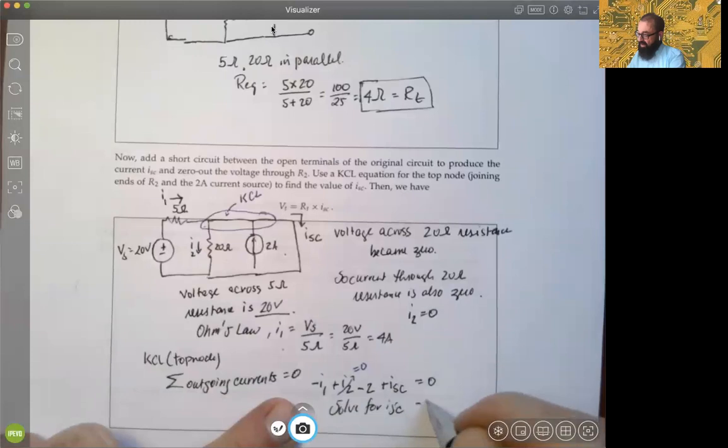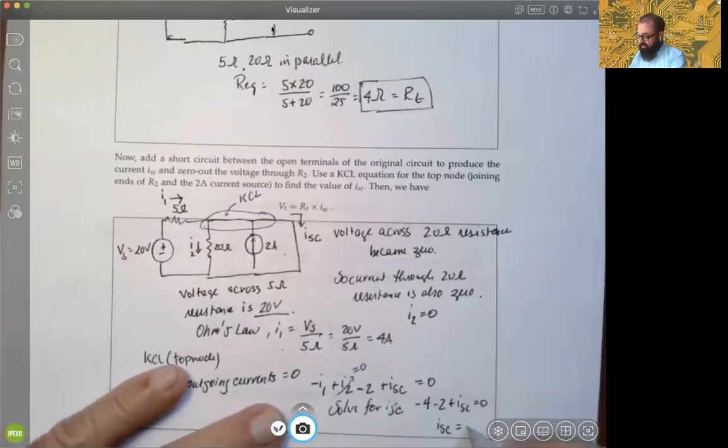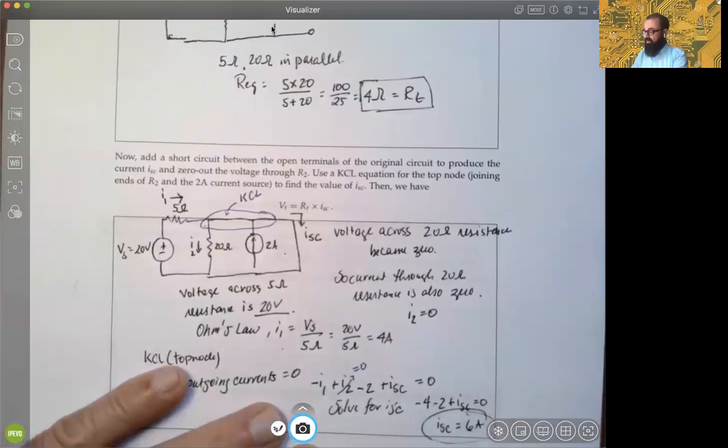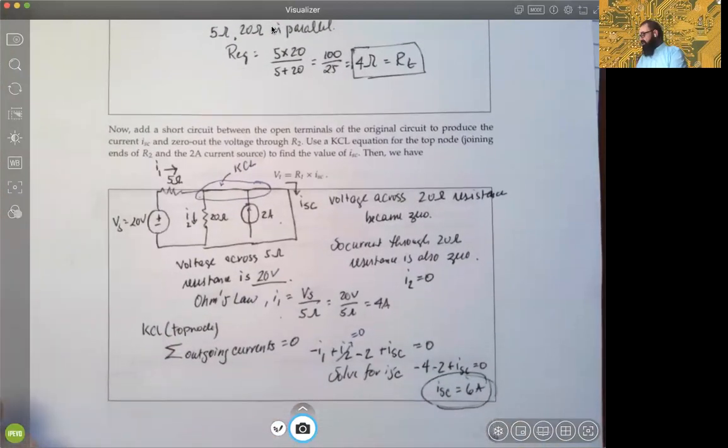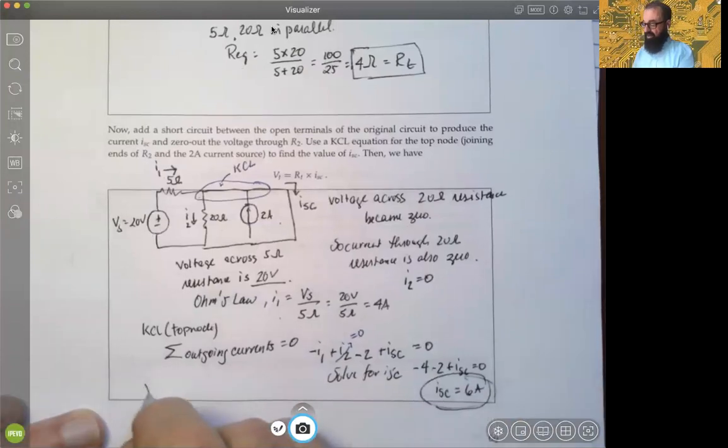We'd have -4, -2, plus ISC equals 0, so the short circuit current really is 6 amps. That's critical, because now we can use our relationship that the Thévenin voltage is always the product of the Thévenin resistance times the short circuit current.